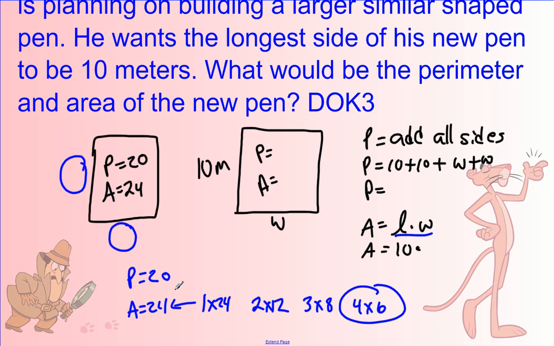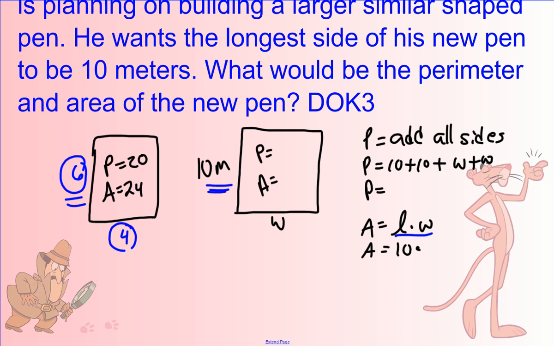This rectangle has to be a 6 by 4. So the long side would be 6, the short side would be 4. Now that we know this, we can do the rest of our problem.